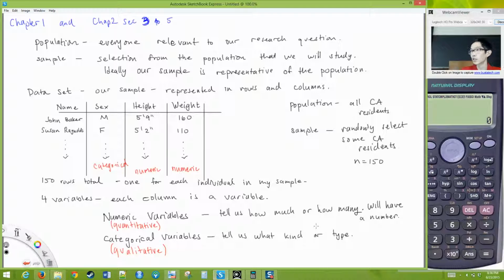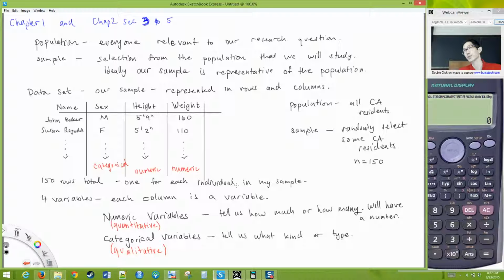Okay, that statement does not make sense. It's not a how much or how many. So even though area codes are represented with numbers, it's not a numeric variable. Okay. Questions on that?